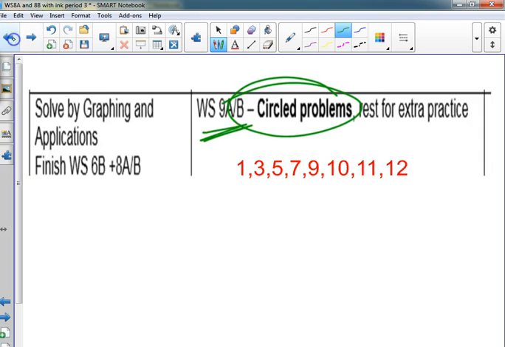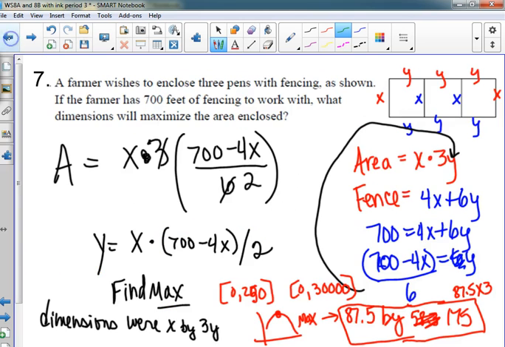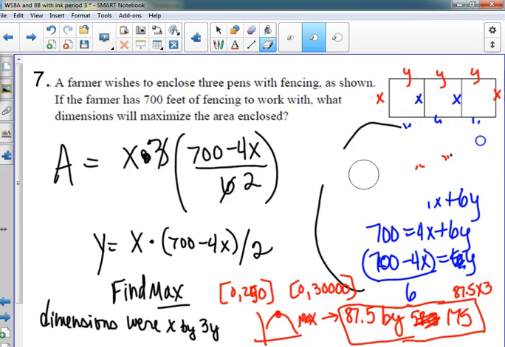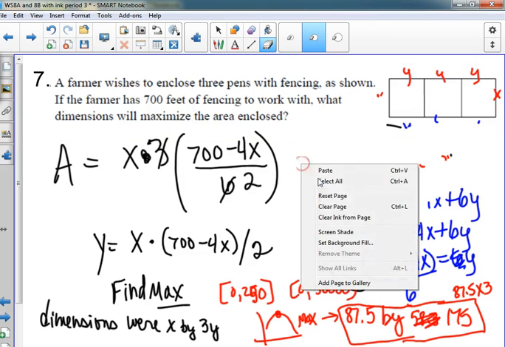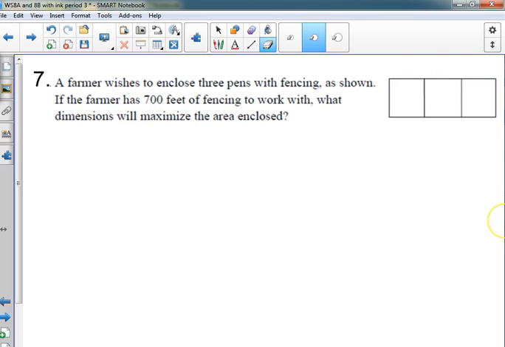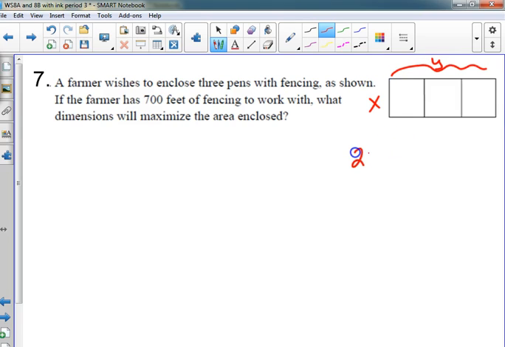I'm going to go back and talk about this question. You don't have to write this down. We should have called this x and this y. So we would have 1, 2, 3, 4 x's and 2 y's to build the fence.